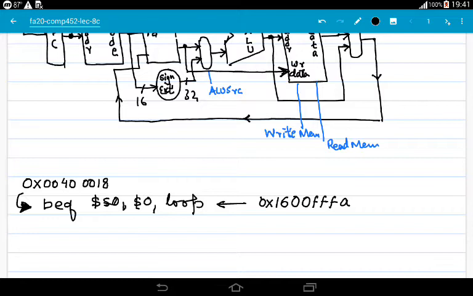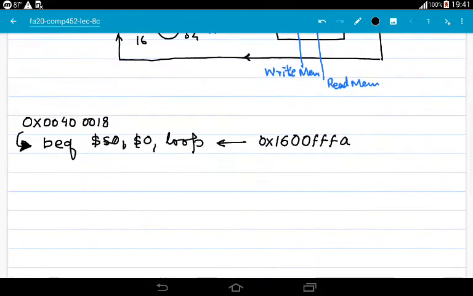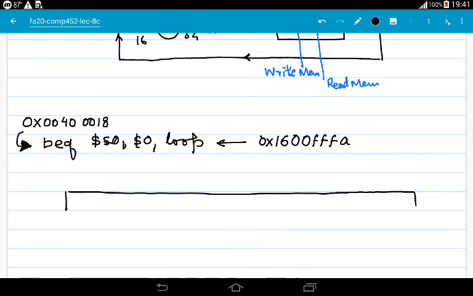Now let's take a look at this instruction in more detail, and I'm going to draw 32 bits.